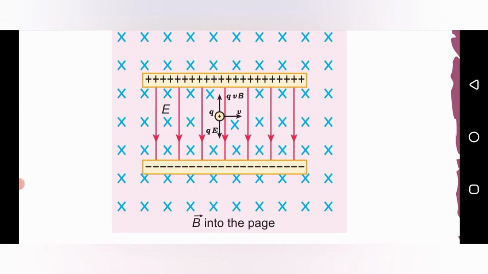The magnetic Lorentz force is F equals Q V cross B vector, which we discussed in the previous class. The sum of these two forces acts when the charge enters the space.